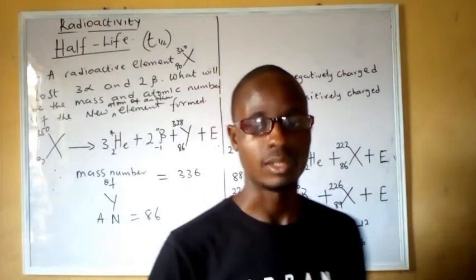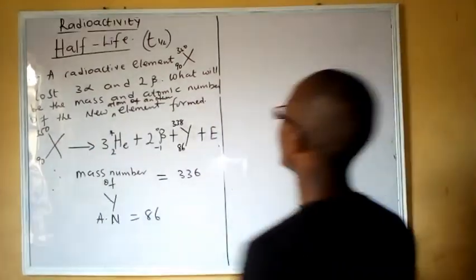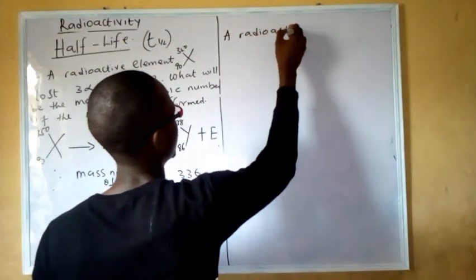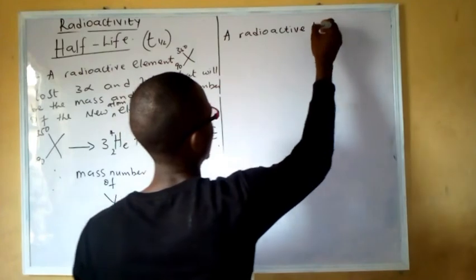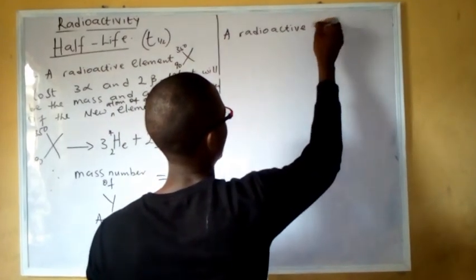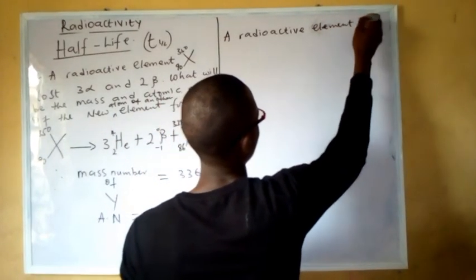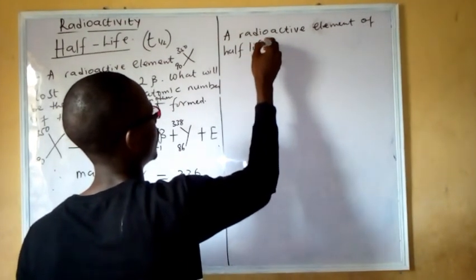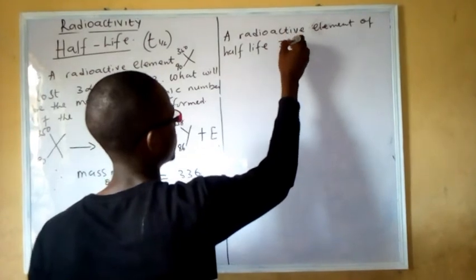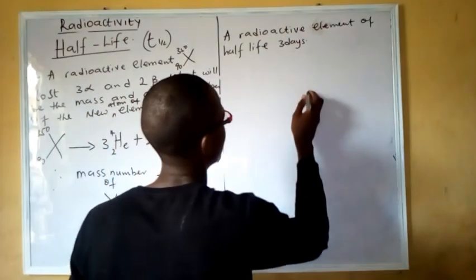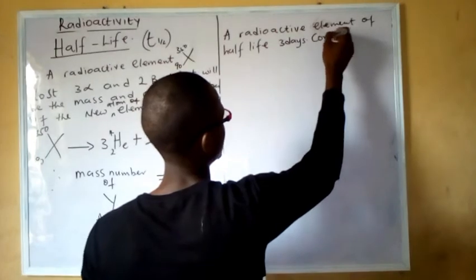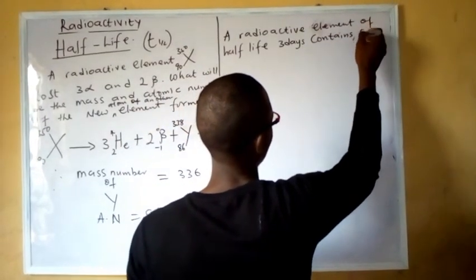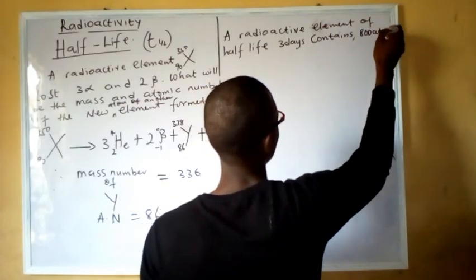That ends the question. So another question: a radioactive element of half-life 3 days contains 800 atoms.